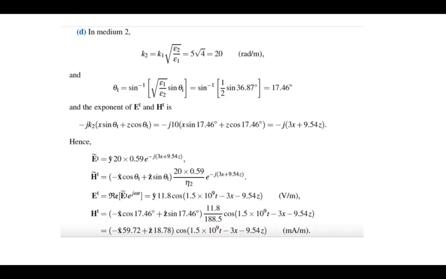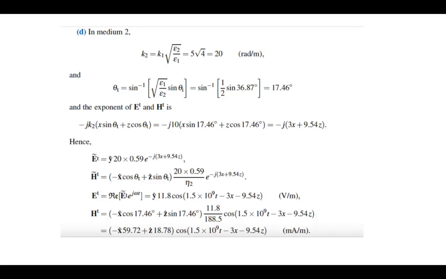This textbook really likes ratios, and so he'll do a lot of his calculations with ratios like this. But you can certainly go back, calculate a phase velocity based on epsilon 2, and then using omega and the phase velocity, find K. So K2 turns out to be 20.